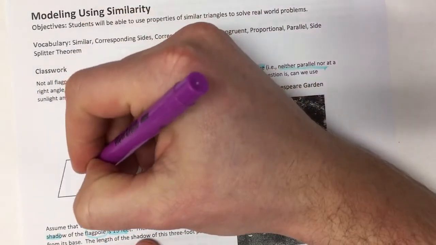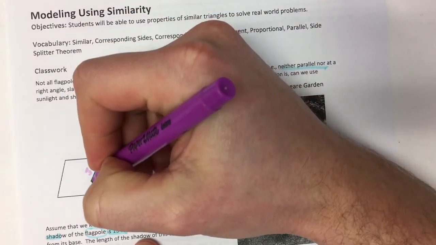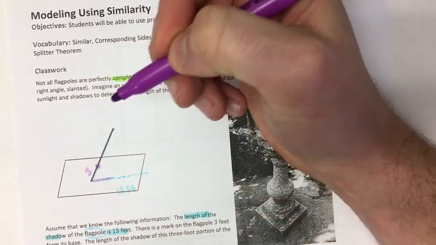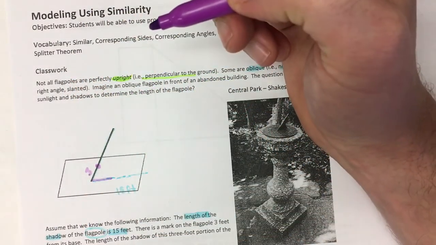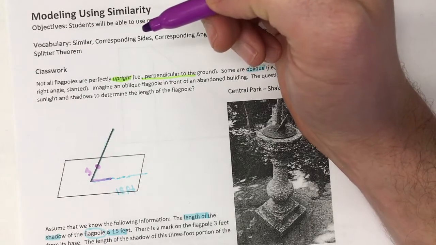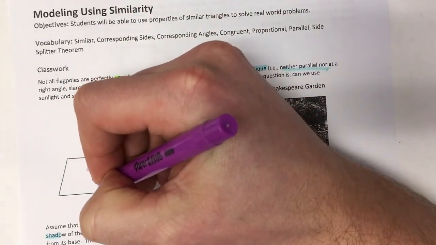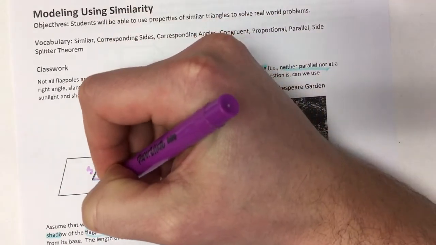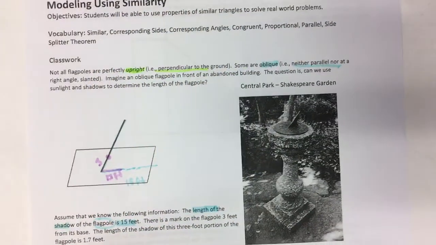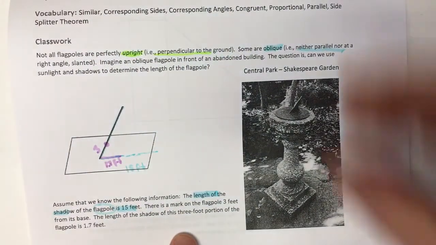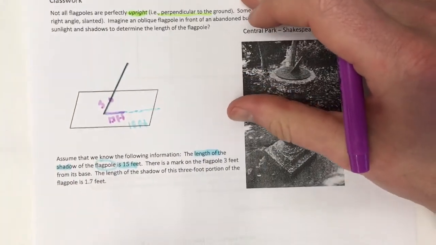It's 3 feet up, and its shadow comes across like this, and this is 1.7 feet. And essentially what they want to figure out is, what is the length of the flagpole itself?